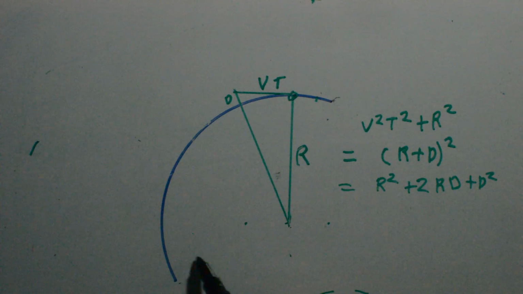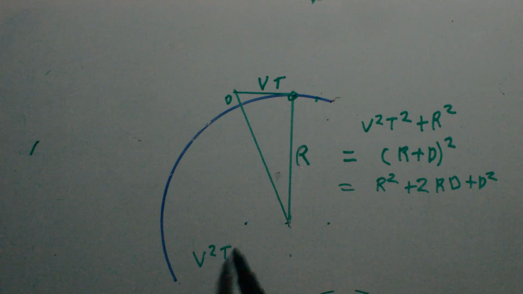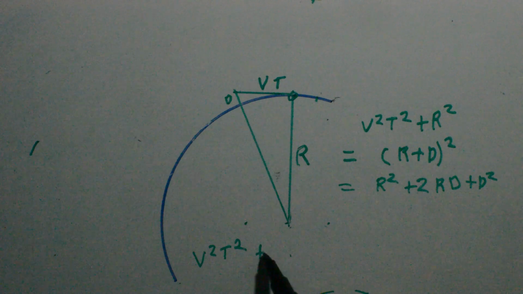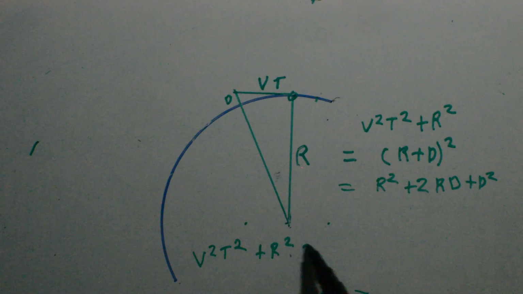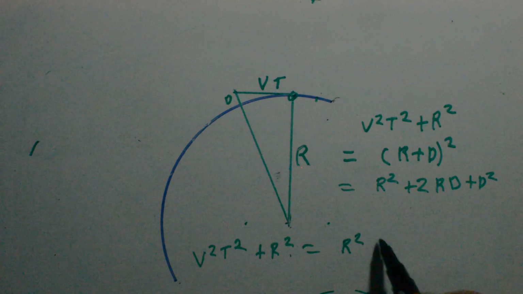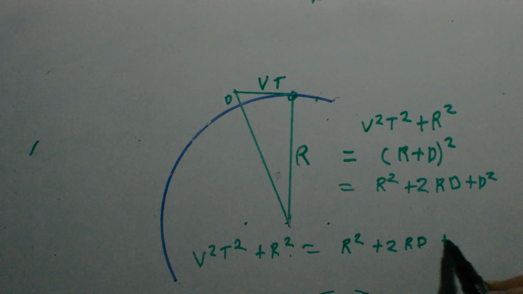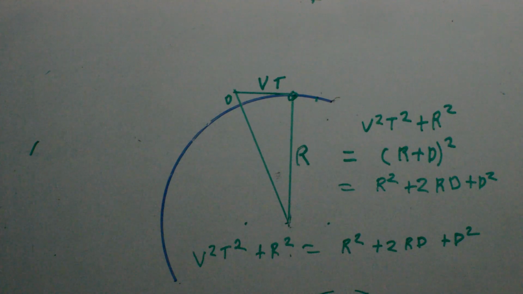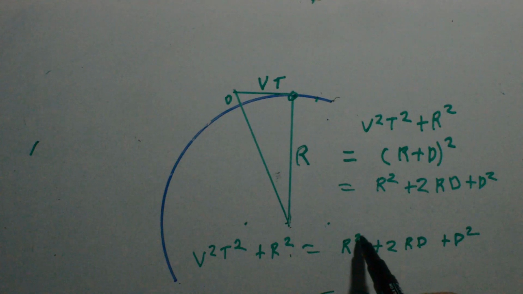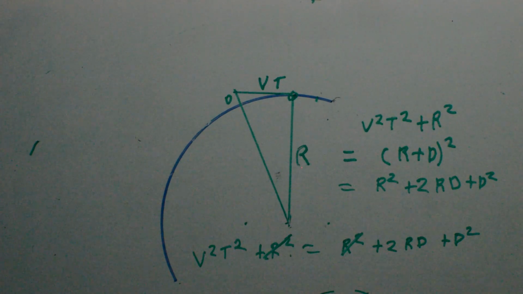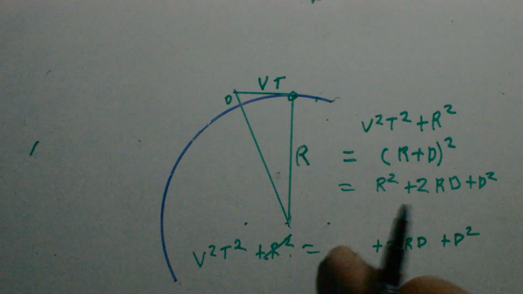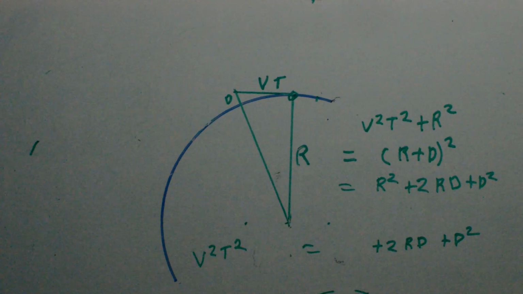So I'll rewrite it here. v squared t squared plus r squared equals r squared plus 2rd plus d squared. And we can get rid of this. We subtract r squared from both sides. And we get this.